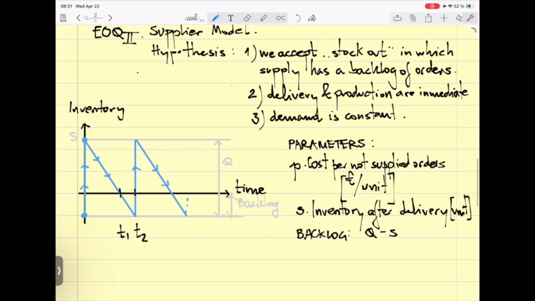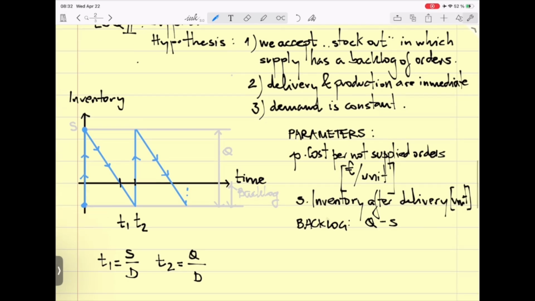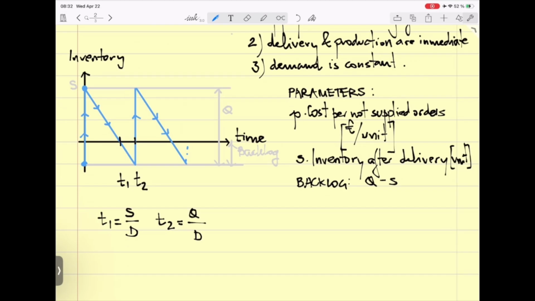So simple geometry, T1 equals S divided by D. This is this triangle, S divided by the slope. And T2 is Q divided by D. This is just because of the geometry.